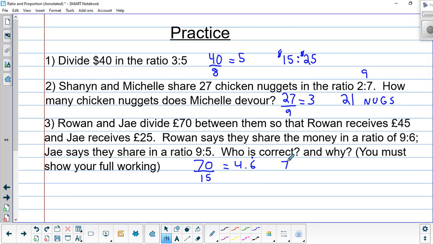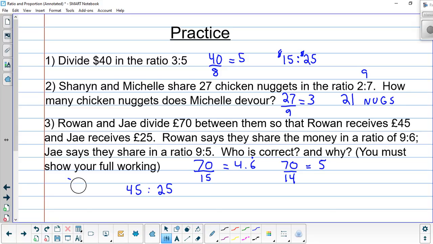Let's do, how about 70 divided by 14? Right, because that's the addition of Jay's parts. So that gets us to 5, right? So right there, you could use that as some reasoning. If you wanted to do another way, you could show this as 45 to 25, and then simply simplify.